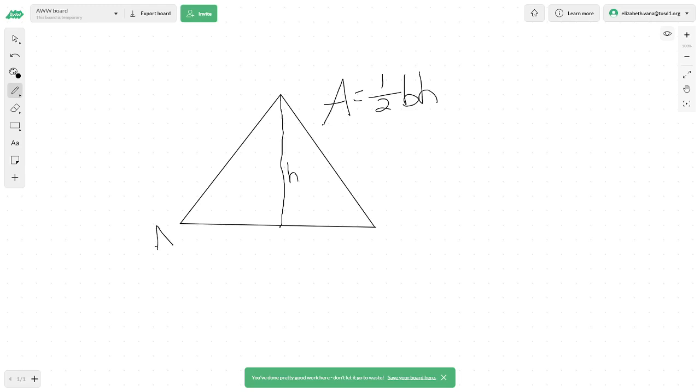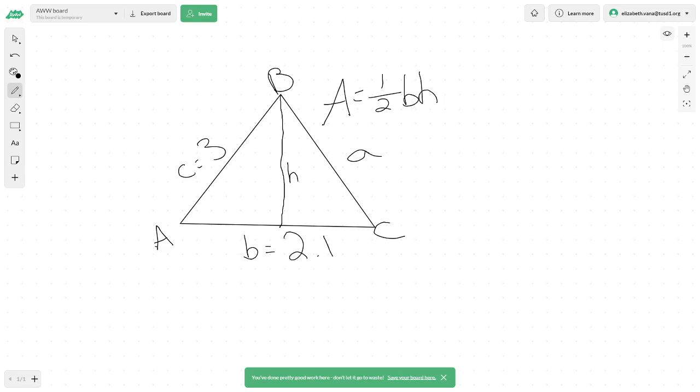We're going to call this triangle ABC. All right, so I'm going to give you some values here. With this information that I gave you, are you able to find the area of triangle ABC?